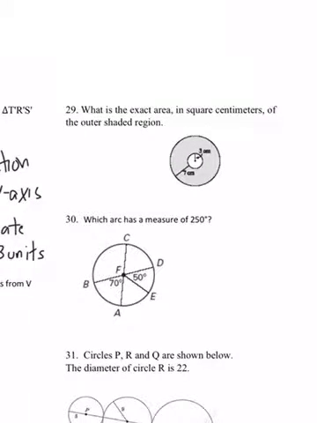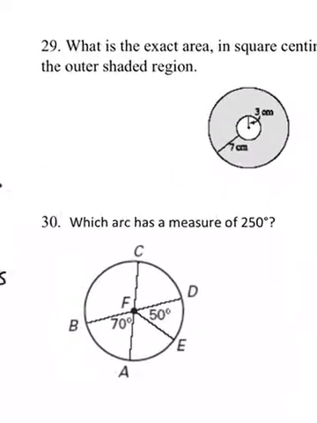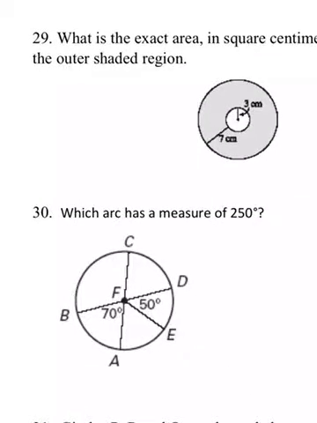29, what is the exact area in square centimeters of the outer shaded region? If they're asking for an exact area, you don't want to round a decimal. So what you're going to have to do is, like we did with pi earlier, where you don't multiply pi through. So we're going to find the area of the big circle, which, if this is 3 and that's 7, that's going to be 10.